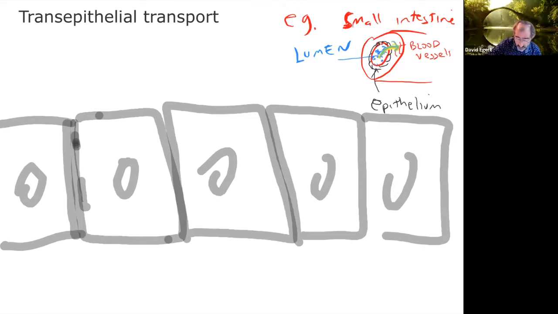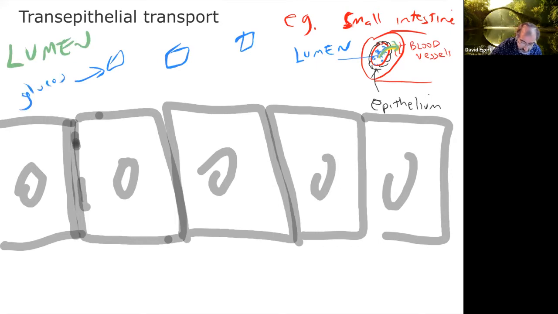Simple columnar epithelium is just a bunch of little cells. These are my epithelial cells. This is supposed to be the lumen. And this is where you've got the little glucoses that are freeing up because of the digestive processes. There's also lots of other stuff that's going to end up being your poop.